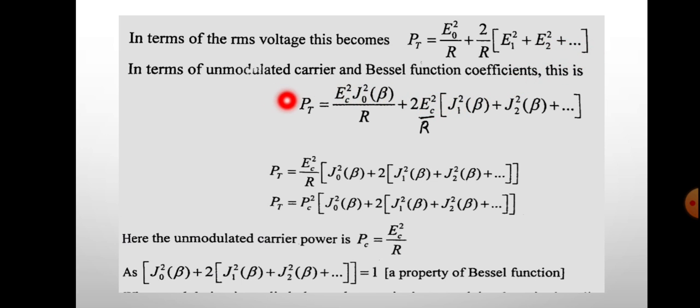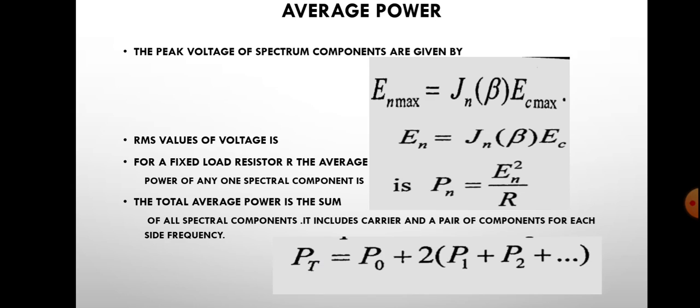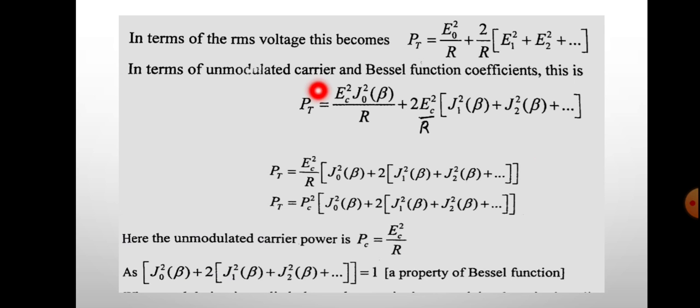In terms of the unmodulated carrier and Bessel function coefficient, we can write Pt equal to Ec square into J0 square beta by R. We have written the RMS value of the voltage as Jn of beta into Ec. That is why, instead of E0 square, we write Ec square into J0 square beta.